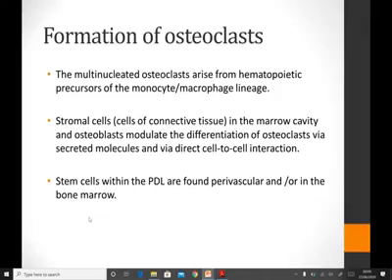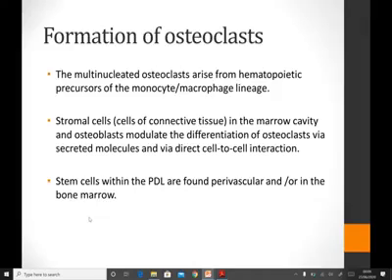And this differentiation of the osteoclast from either the stromal cells or the osteoblasts occurs either by the secretion of certain molecules that help in the differentiation of a stromal cell into an osteoclast, or by the direct cell to cell interaction of the stromal cells with the hematopoietic precursor cell that results in the differentiation and activation of an osteoclast.